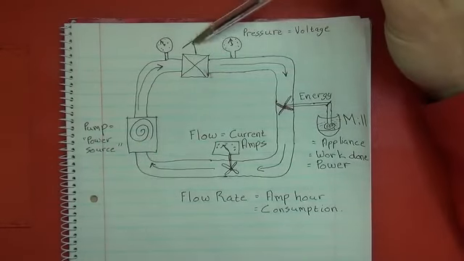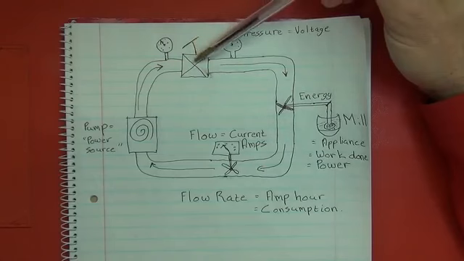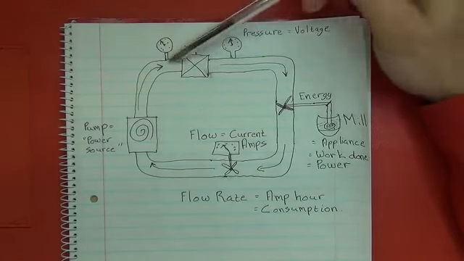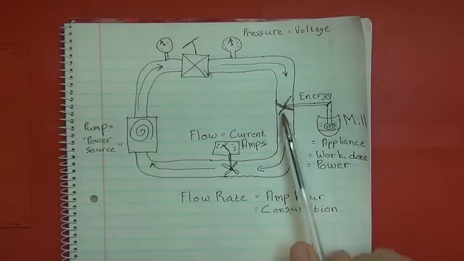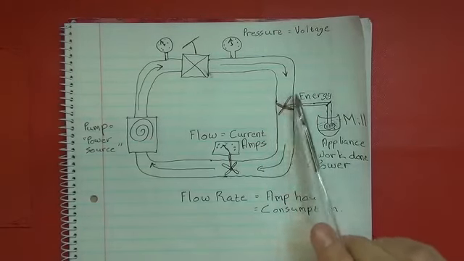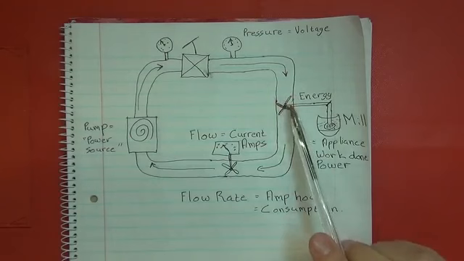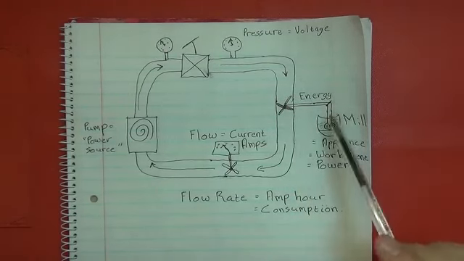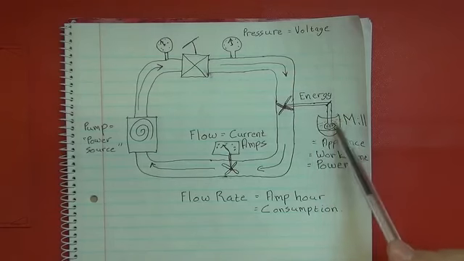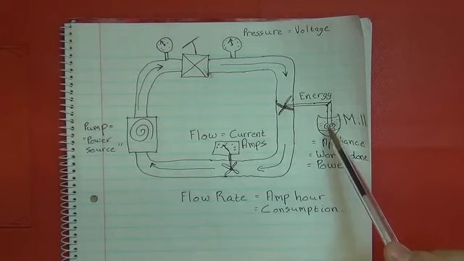Over here we have a valve which can be closed or open to allow water through. Over here is a paddle, or in essence an appliance, and in this case it's a paddle driving a shaft into a mill, where let's pretend we're milling or grinding wheat into flour.